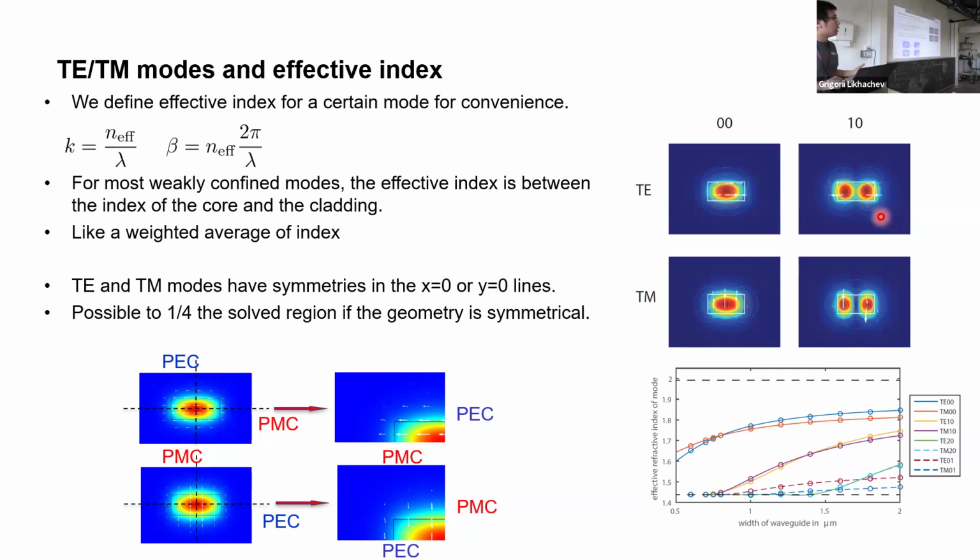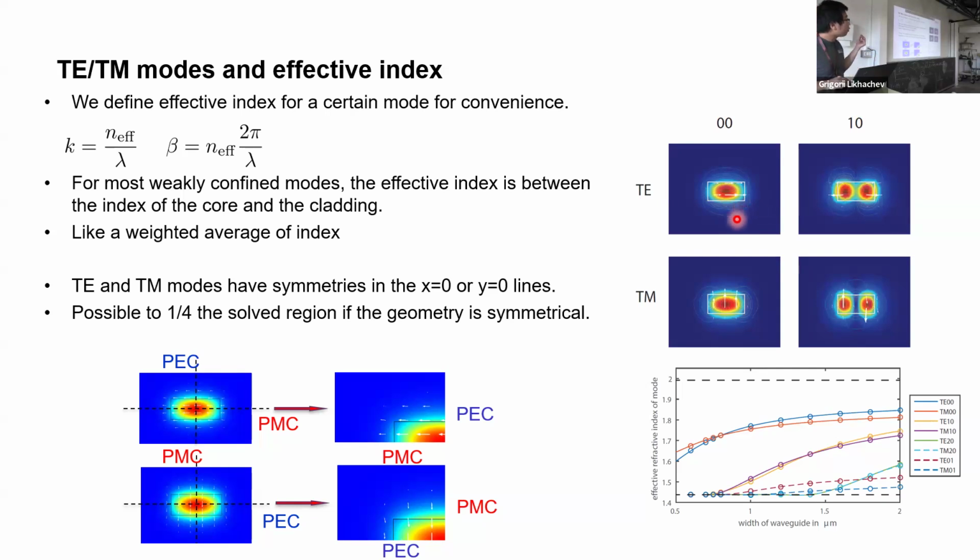To put it in perspective, if you have a silicon nitride waveguide buried in silicon oxide, with the silicon nitride something like 800 nanometers thick, that is something you can typically find in foundries.